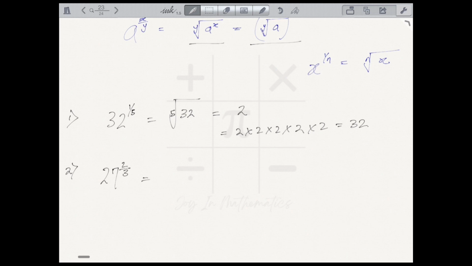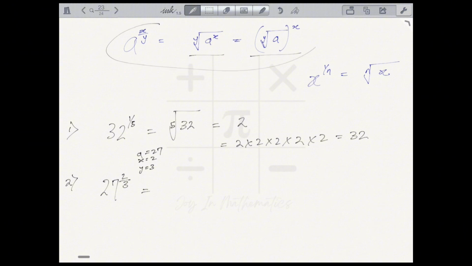Here x is 2, y is 3, and a is 27. Let's apply the first one, which says the y-th root of a raised to the power x.